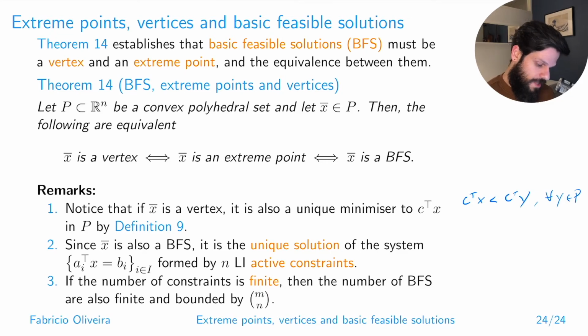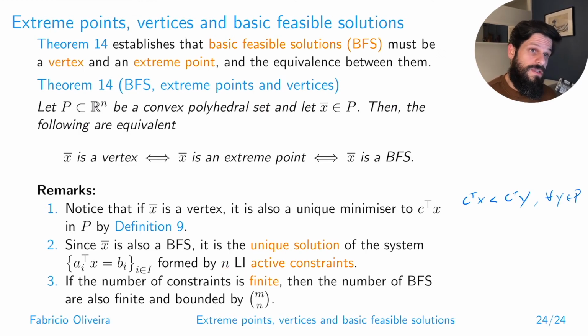And because of this equivalency, now that we know that x is also going to be a basic feasible solution, this optimal solution is going to be the unique solution of a set of equations formed by the n active constraints.